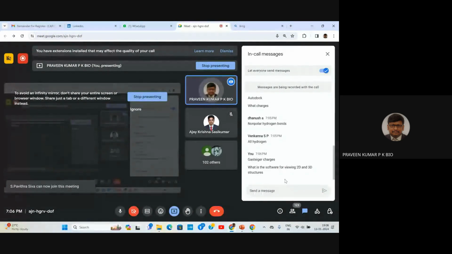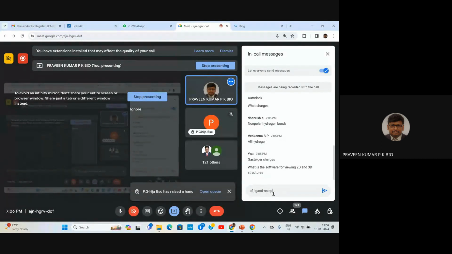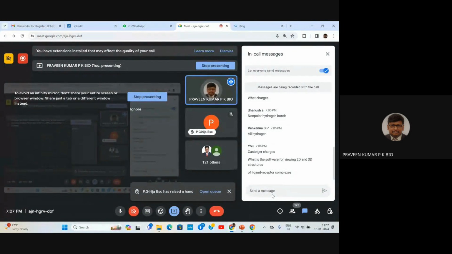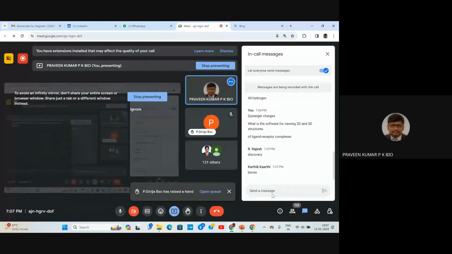What is the software for viewing 2D and 3D structures of ligand receptor complexes? Yes, sir. You can unmute and answer if you can't type in the chat box. Very good. Discovery, but is that a software? Discovery is a software. BIOVIA is the name of the company. What is the name of the software?